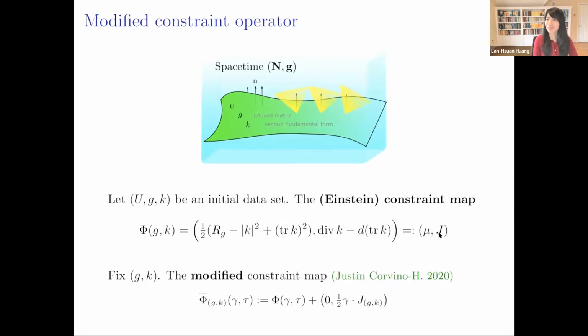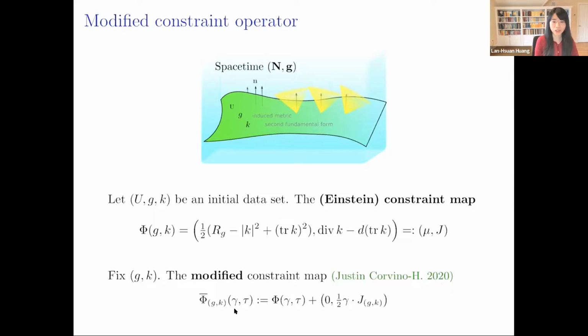So we define a modified operator. Even before I tell you why we do that, let me give you a definition. We fix a background initial data g and K, and then we use it to modify the constraint map. This is from my work with Justin Corvino a few years back, published in 2020. It is defined similarly to the usual constraint map.